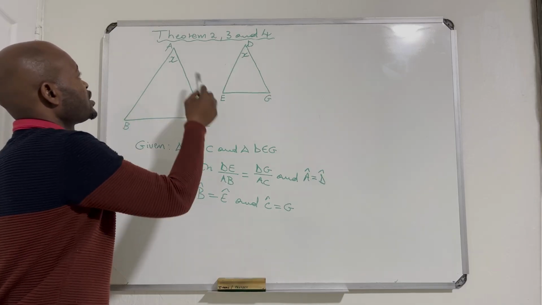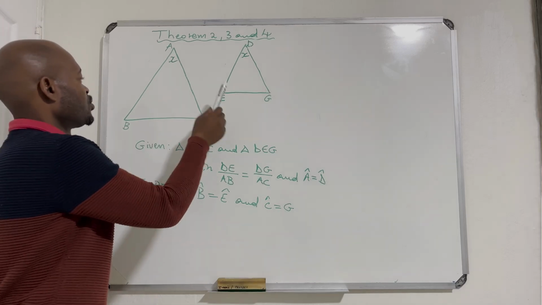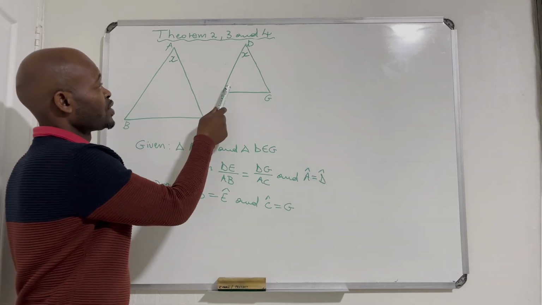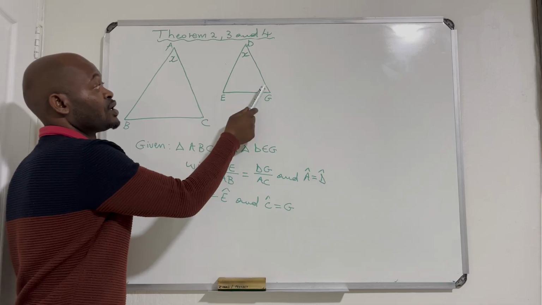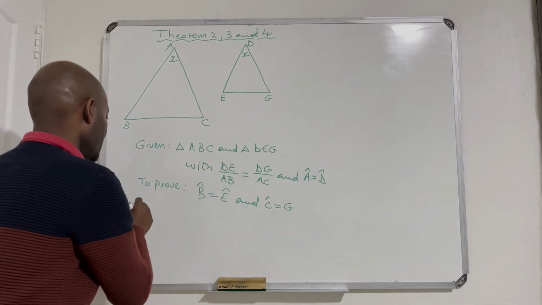This side over this side is equal to this side over that side. Then we just need to prove that this angle is equal to that angle, and this angle is equal to that angle. Now, construction.